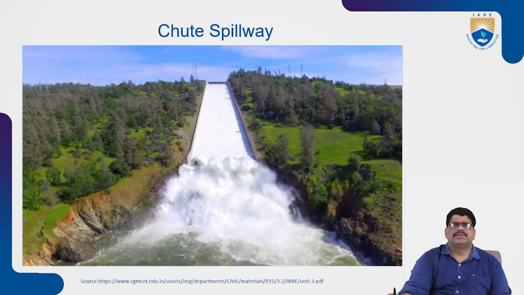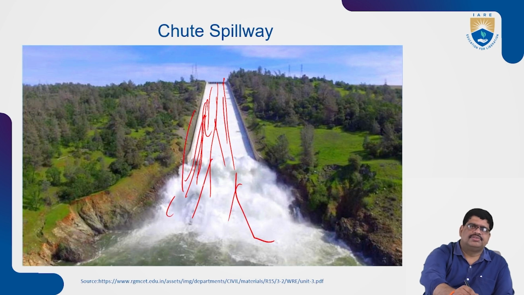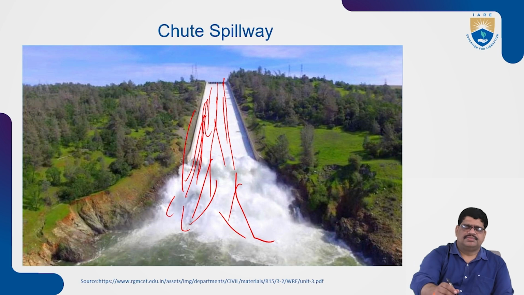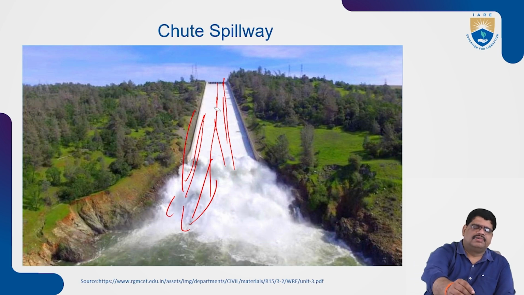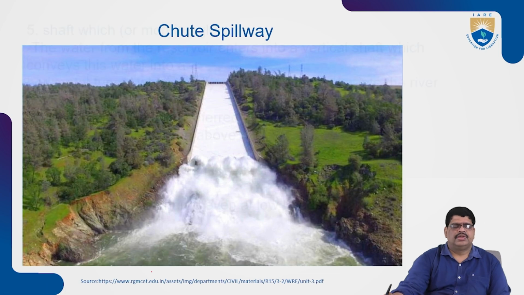This is the best example of the chute spillway. The water will flow automatically. See that one. This is also provided on one side. Here, through the side channel, the excess flood water flows separately.